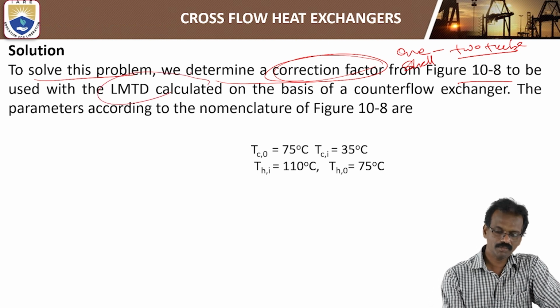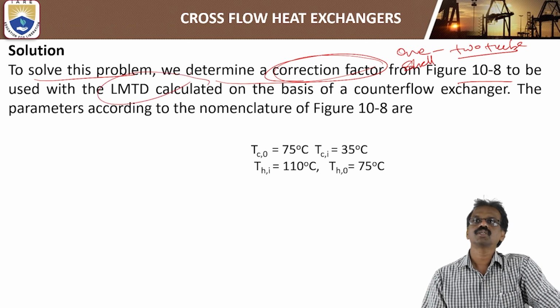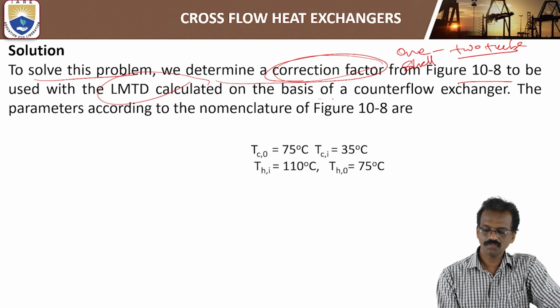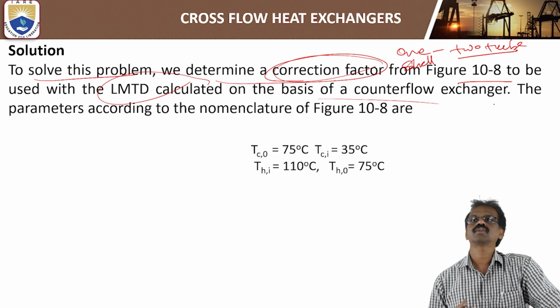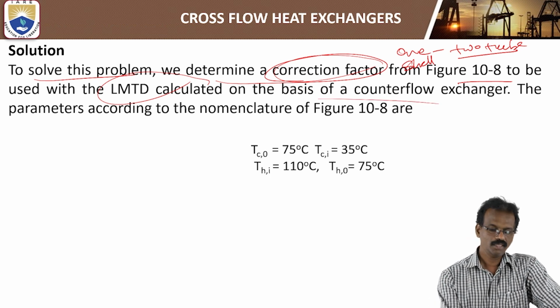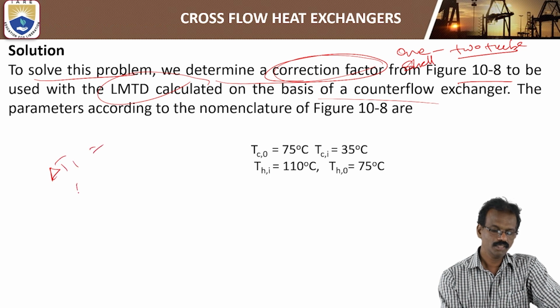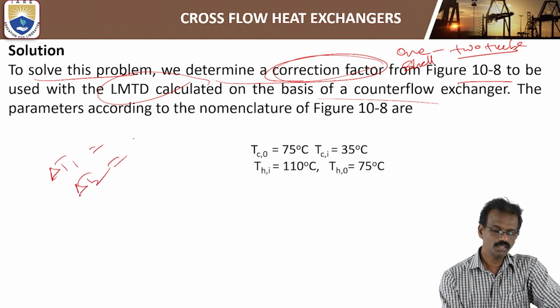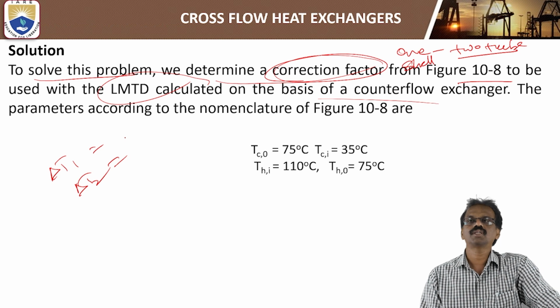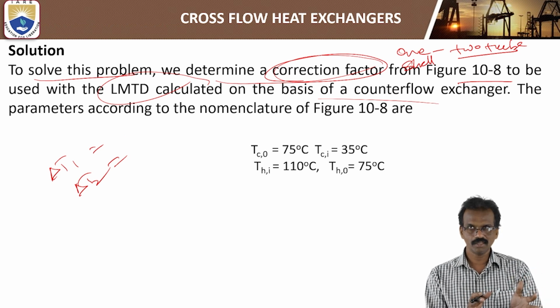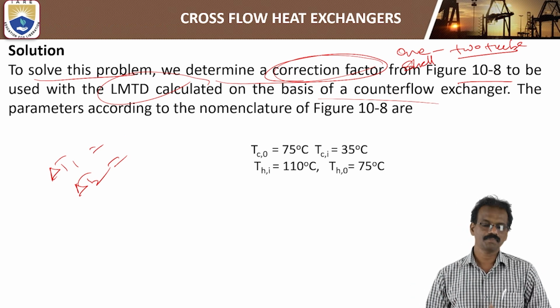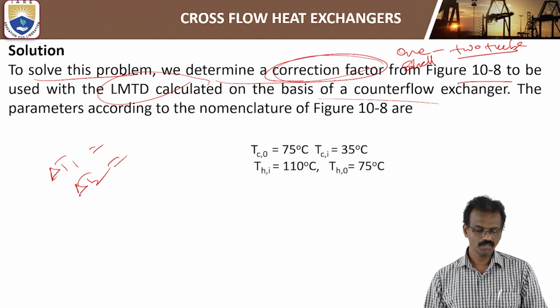Using the LMTD method, the same method, we can solve the cross flow heat exchanger numerical. The cross flow heat exchanger is very similar to the counter flow heat exchanger, because the delta T1 and delta T2 values are equal in both.